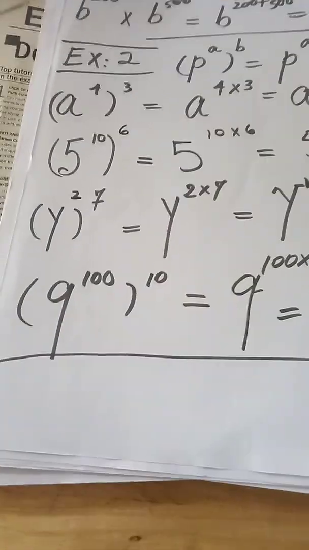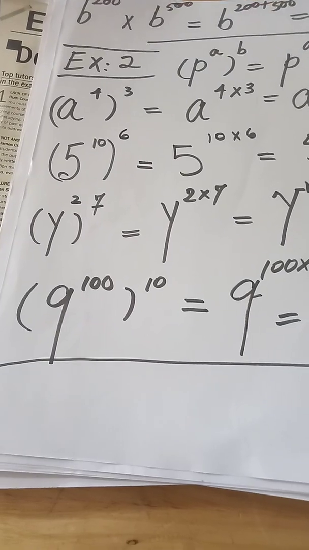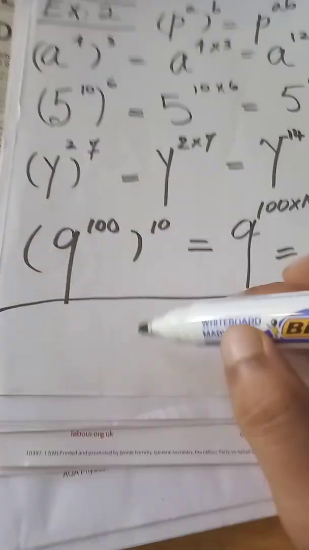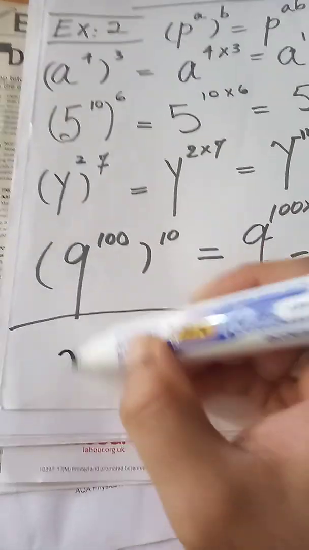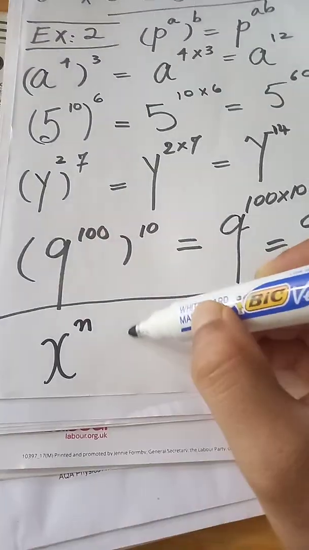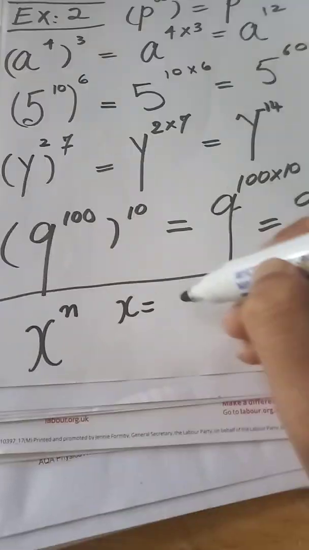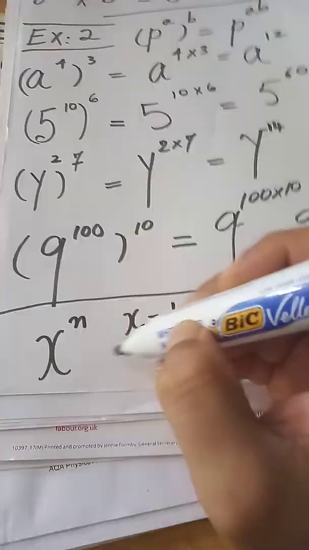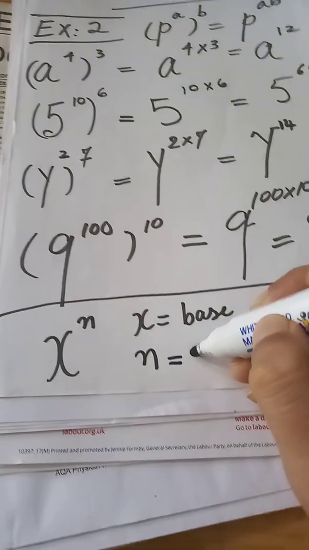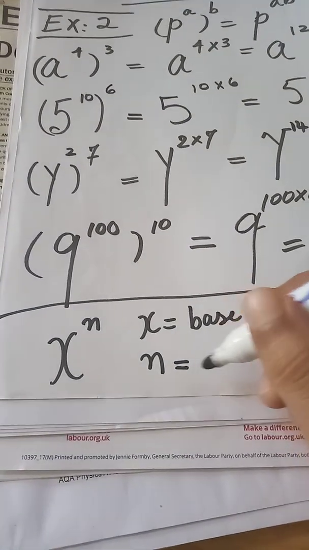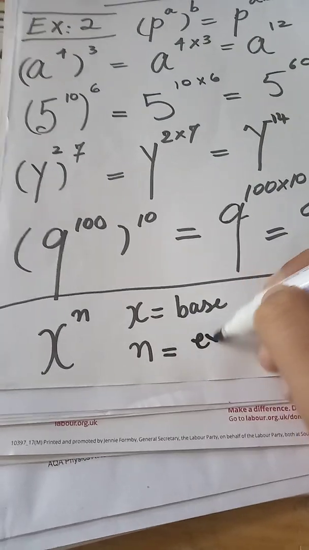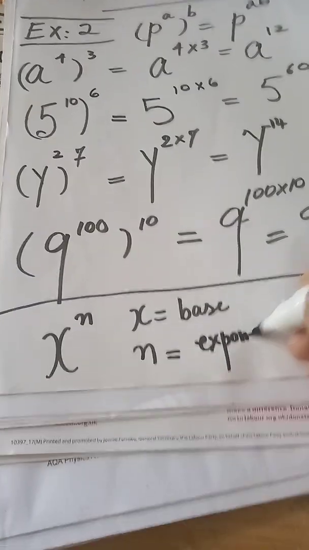And basically what I'm trying to tell you is whenever we've got something x to the power n, x is the base, n is the exponent, or commonly known as the power.